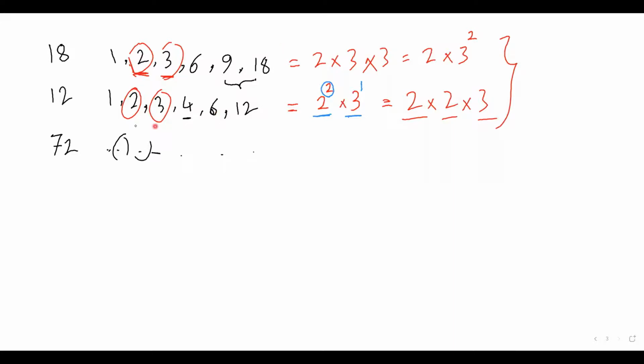Well, the answer is no, because that's a waste of time. Do not do that unless the question asks you to, okay? If they ask you specifically to rewrite the number as the product of its prime factors, you don't need to bother yourself with the other factors. Just go ahead and find the prime ones.